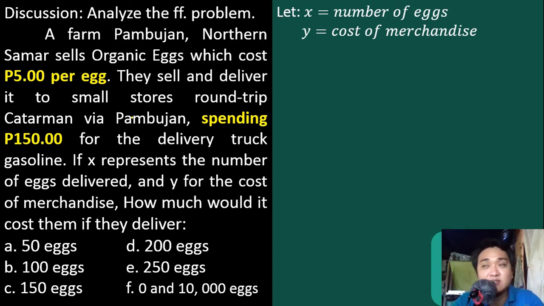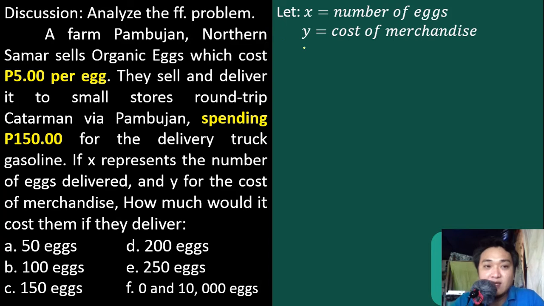So, much probably, dinadagdag yun sa cost of merchandise para mabawi agad yung pinanggasolina. Yan. So, ngayon, ang tanong is, magkano kaya yung magiging cost ng merchandise kung magdi-deliver sila ng 50 itlog, 100 itlog, 150 eggs, 200 or 250 eggs, and so on.